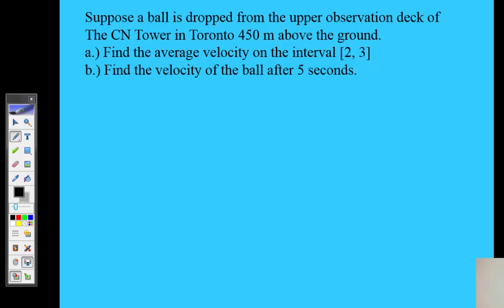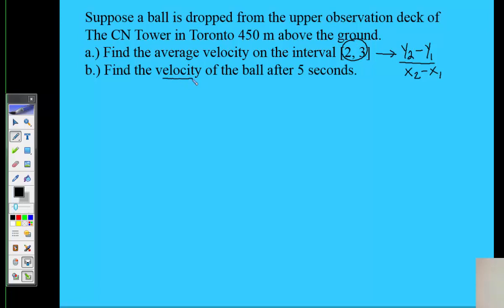Now you'll notice the first part says find the average velocity. So we should be thinking to ourselves, average velocity is the slope of our secant line. So we would be looking at this calculation for the slope of our secant line. And you can see we have the 2 points where we're going to have to find the y values, but we could plug those in to our slope formula, and that would give us our average velocity.